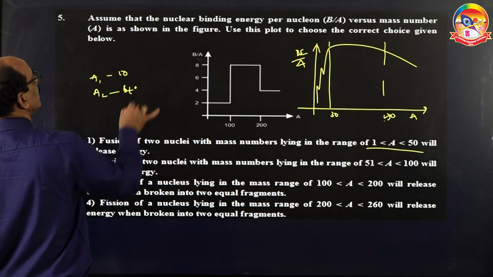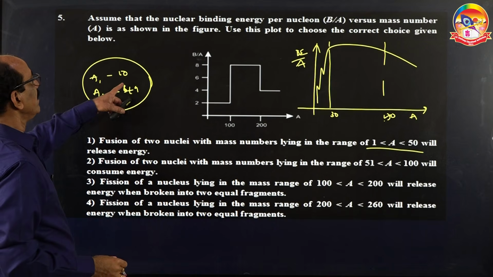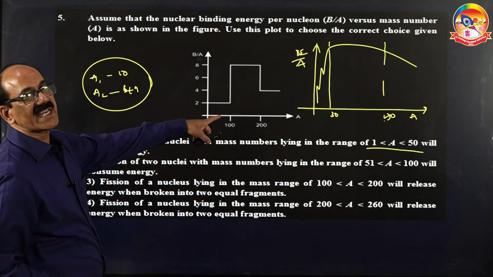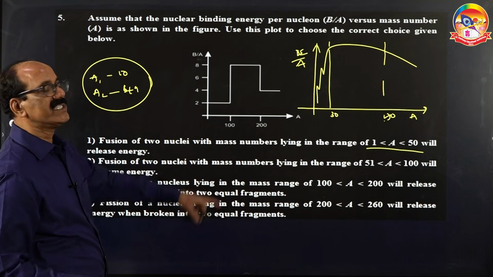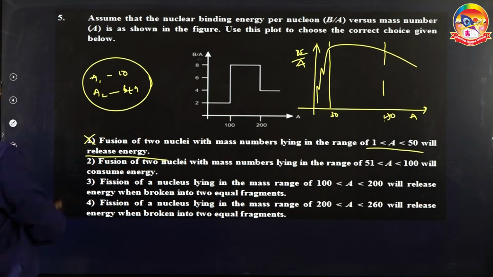What is the total mass number? It is 59. 59 happens to be less than 100, therefore there is no increment or decrement in the average binding energy, therefore no release of energy. So the statement that energy is released is not correct.